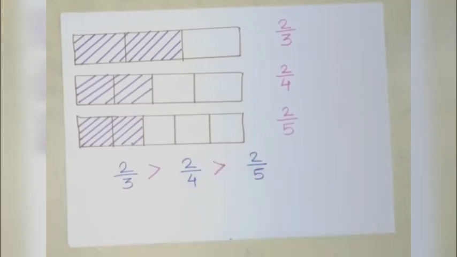Is this clear, children? Of two fractions with equal numerators, the fraction with the greater denominator is the smaller.